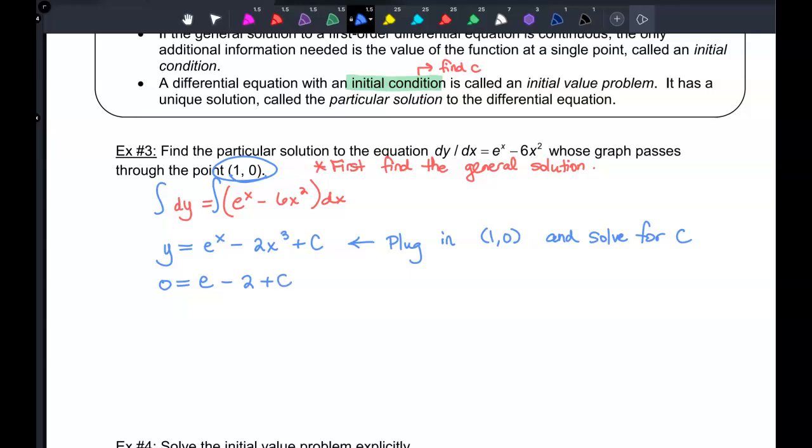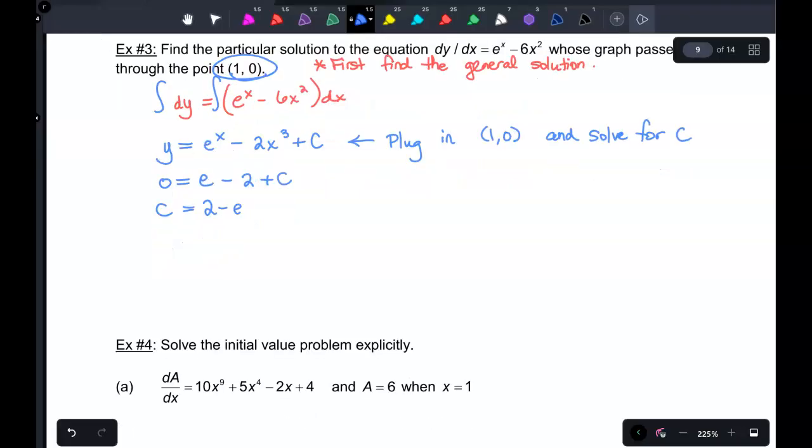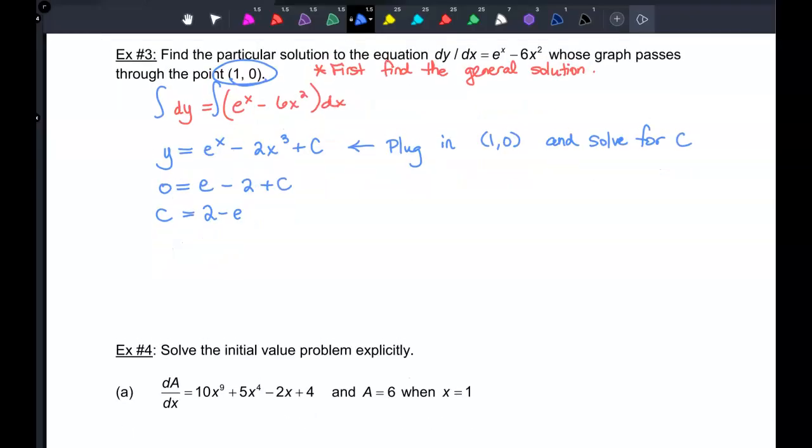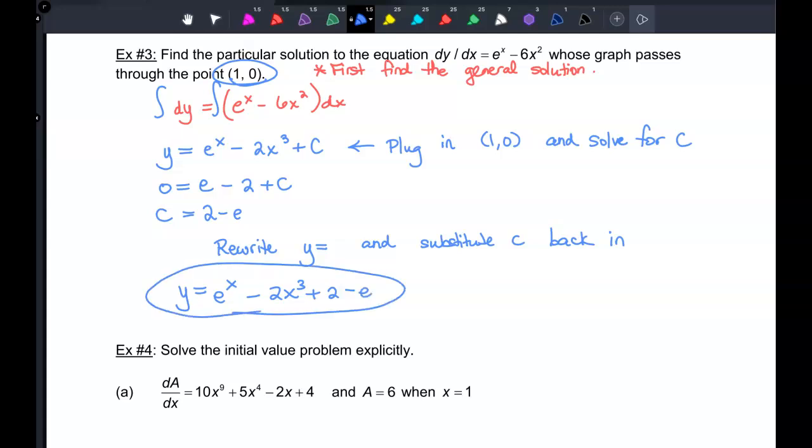So what does c equal? 2 minus e. Okay. And then the last step, rewrite y equals and substitute c back in. So I get y equals e to the x minus 2x cubed plus 2 minus e.